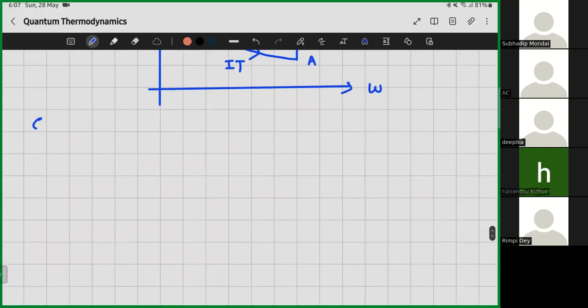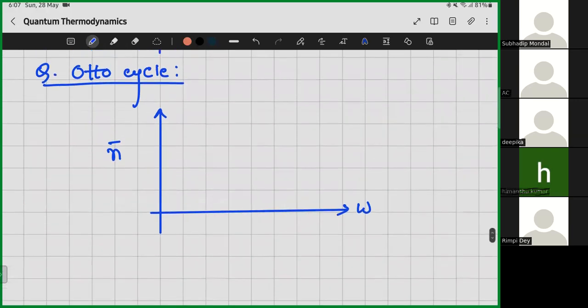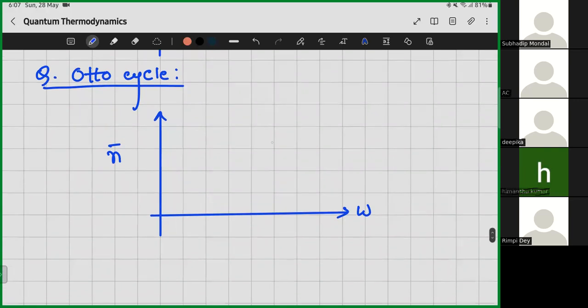And the last one is the quantum Otto cycle. For the quantum Otto cycle, I just have to replace the isothermal stroke with the adiabatic stroke. This quantum Otto cycle is very interesting, because at a time either omega or n bar is constant.